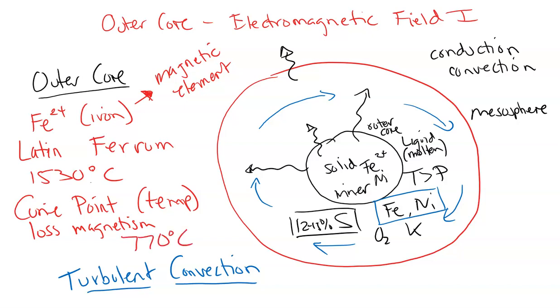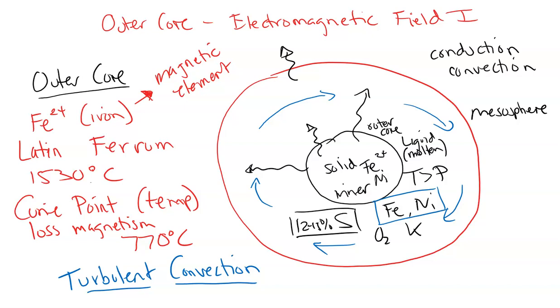So if iron gets to a temperature of, let's say, 780, then it will not be as magnetic. It would lose some of its magnetic properties compared to iron that is at a colder temperature. This is very important to discuss because, as we've shown, the outer core is a lot hotter than this Curie point. Yet iron is the main element in the outer core, and that's what drives this electromagnetic field.